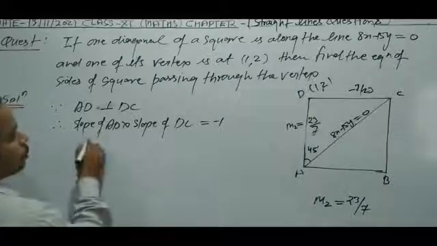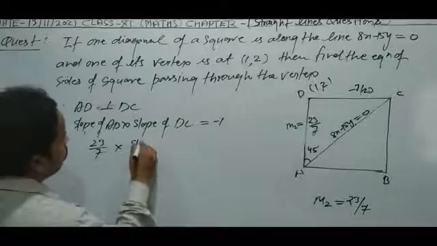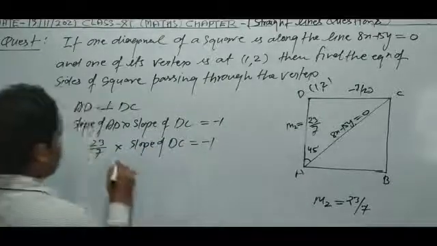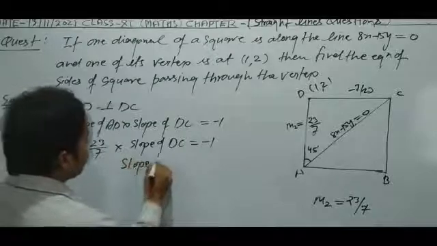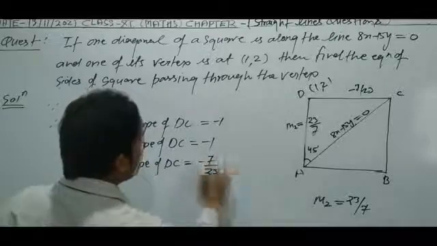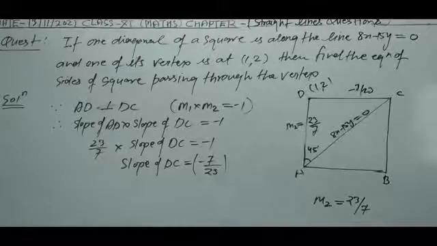So m2 slope is 23/7 into slope of DC result is -1. This implies slope of DC result will be -7/23. This is clear?